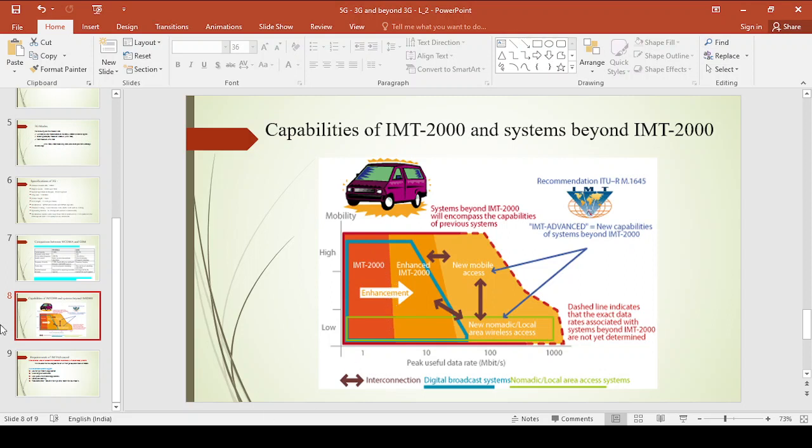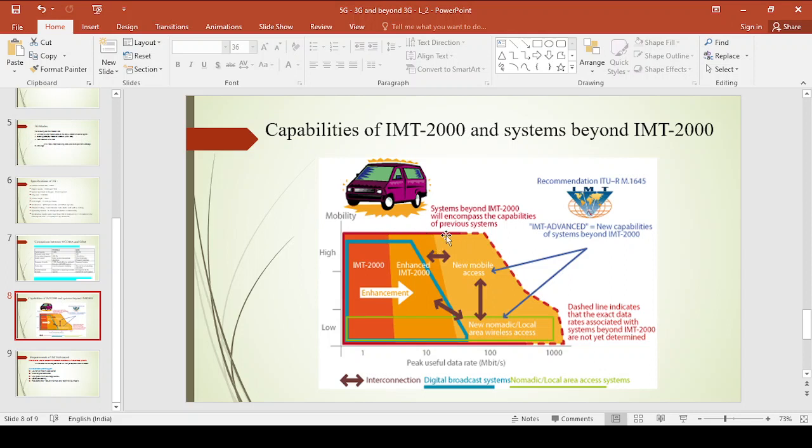And if you see, this enhancement has been done, that means we are going to the next generation system. We are going to the advanced version of IMT 2000, enhanced IMT 2000. Now if you see this light orange or light yellow shade, this supports high mobility, right?